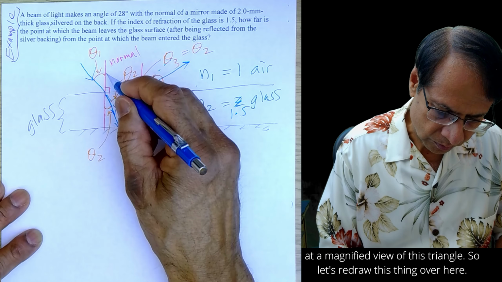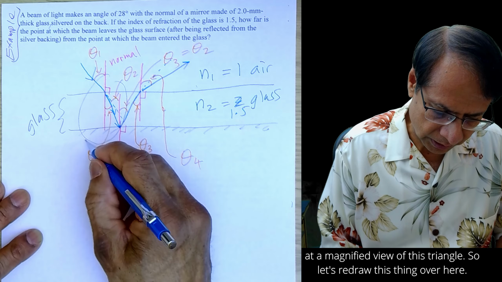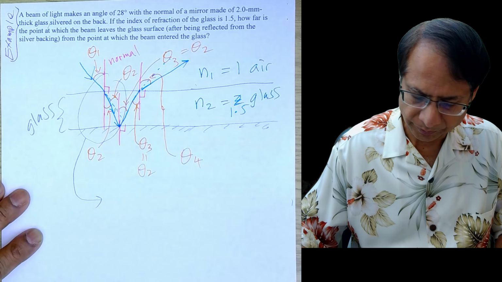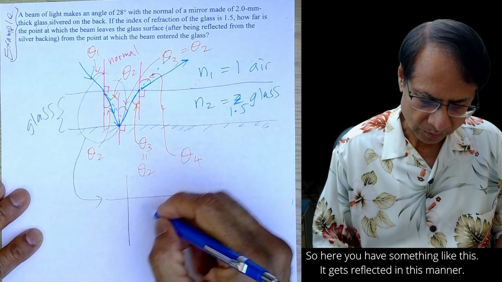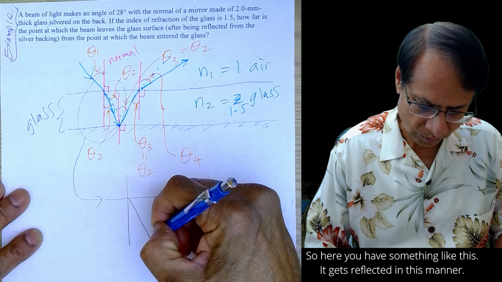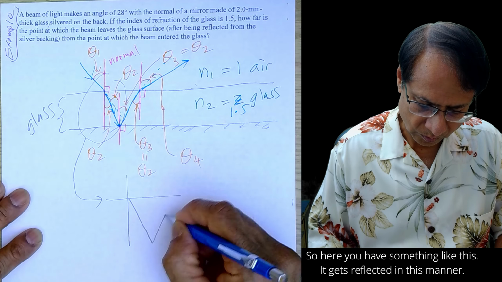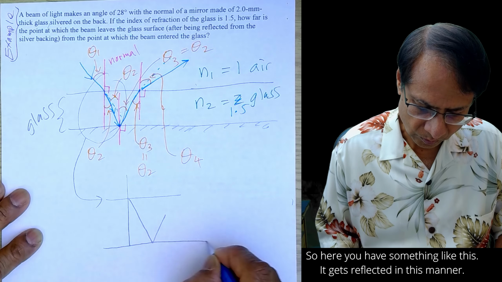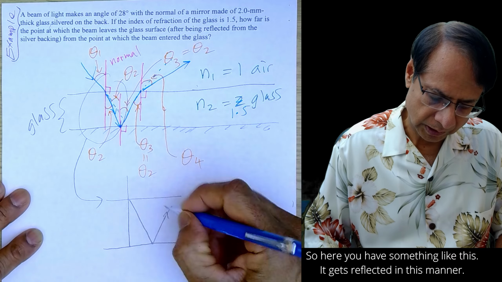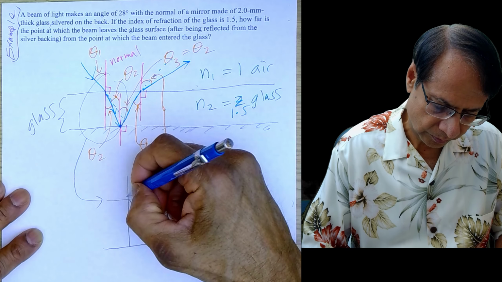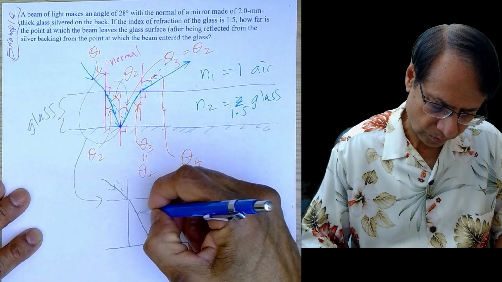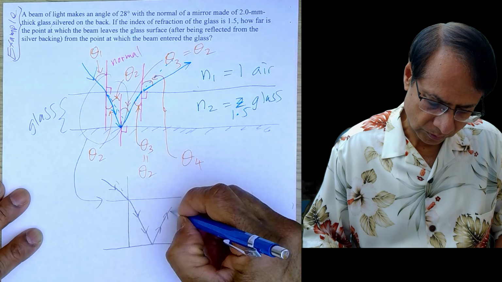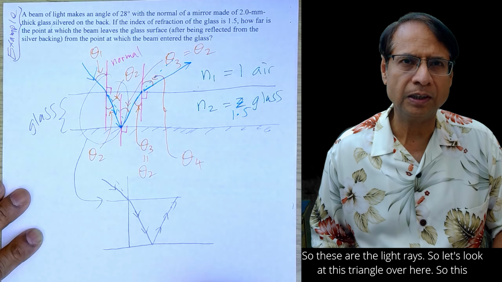So let's redraw this thing over here. Okay, so here you have something like this. It gets reflected in this manner. So these are the light rays.